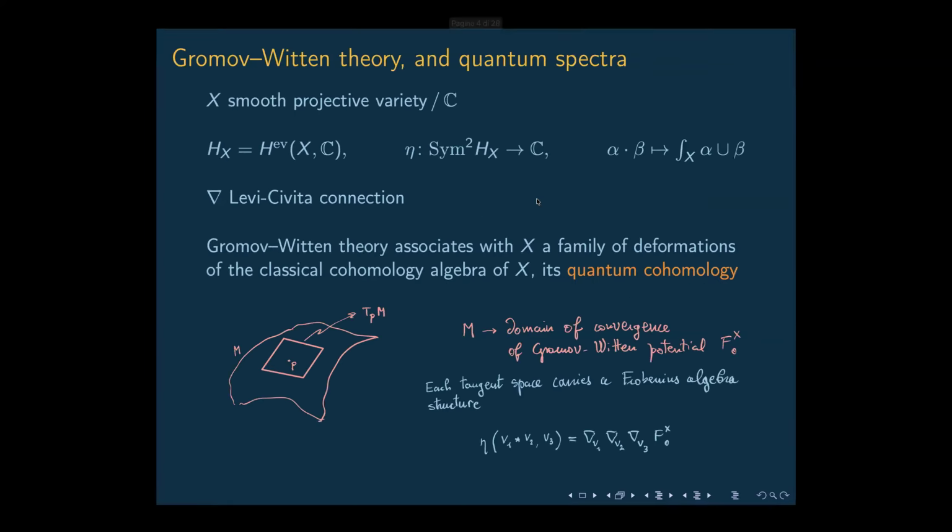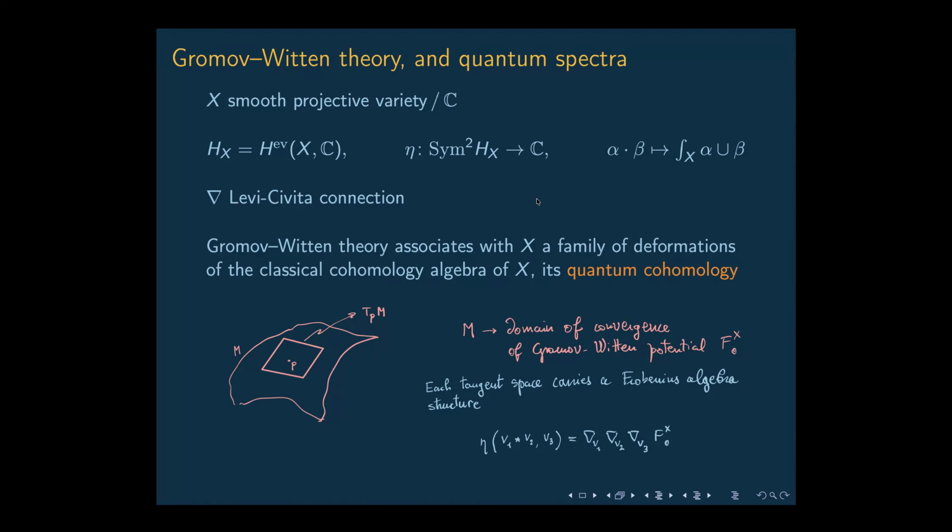All right, so let me start with a very rough and basic introduction to what quantum cohomology is. Here I will denote by X a smooth projective variety over the complex numbers. I will denote by H of X the even part of the classical cohomology with complex coefficients.